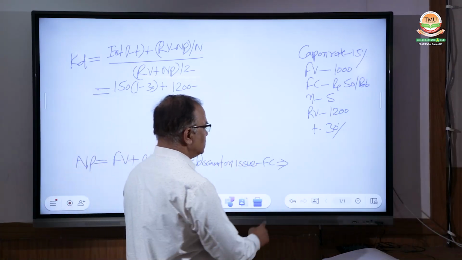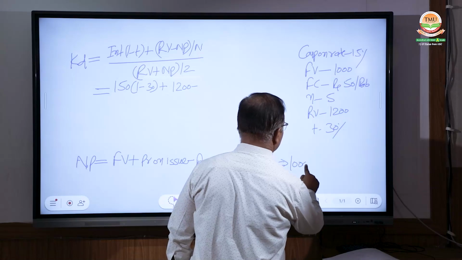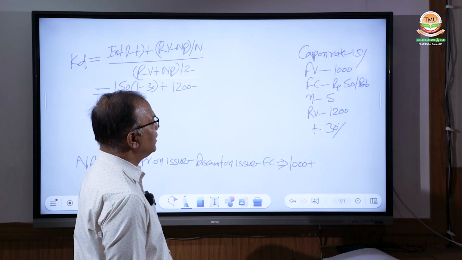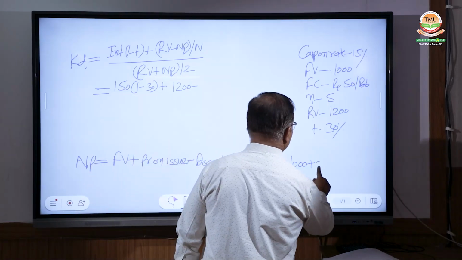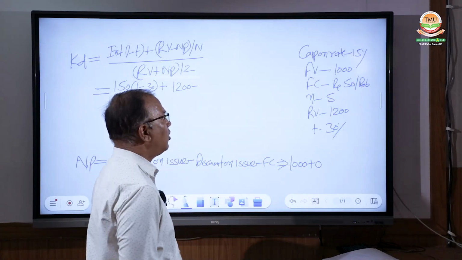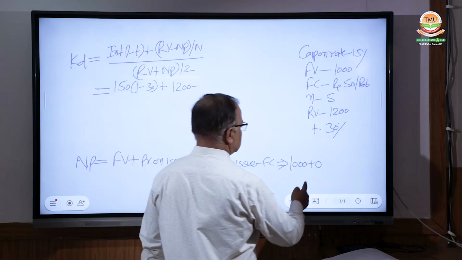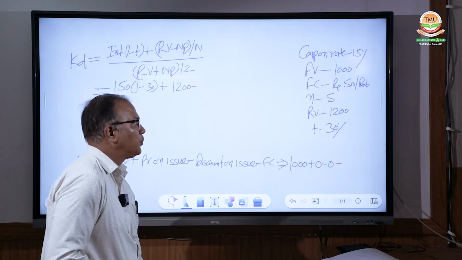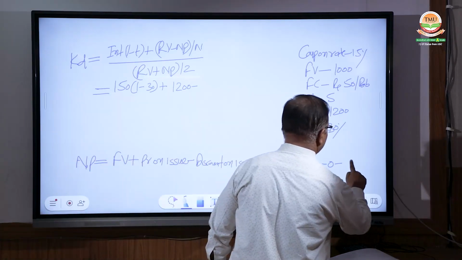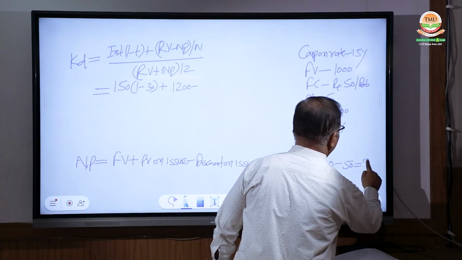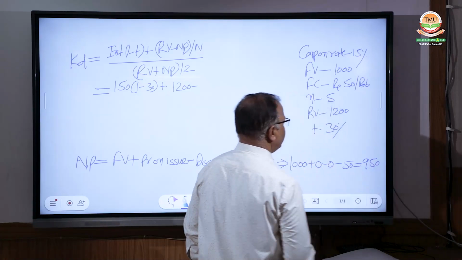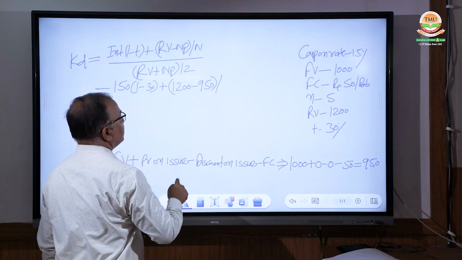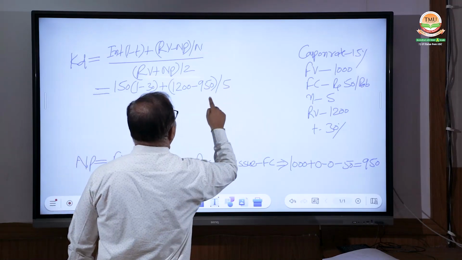Now face value is 1000 plus premium on issue 0, discount on issue 0, flotation cost rupees 50. It will be 950. 950 divided by n, 5.